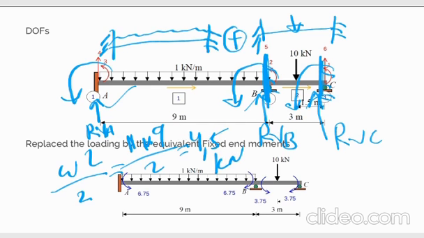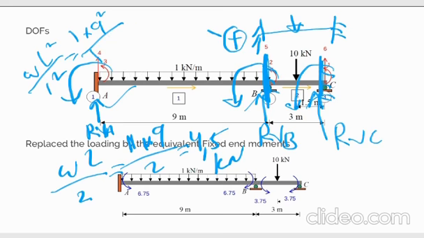This is the reaction. Now for the moment, the moment at point A equals WL squared over 12. W is 1 times 9 squared over 12. The moment equals 6.75 kilonewton meter.